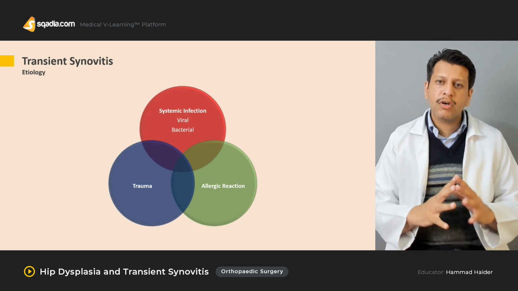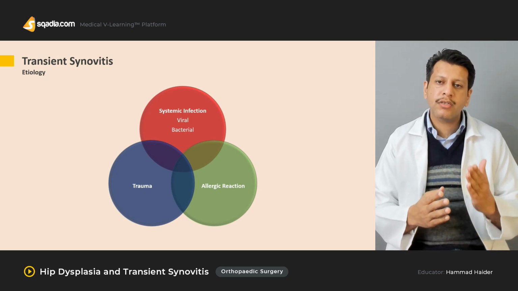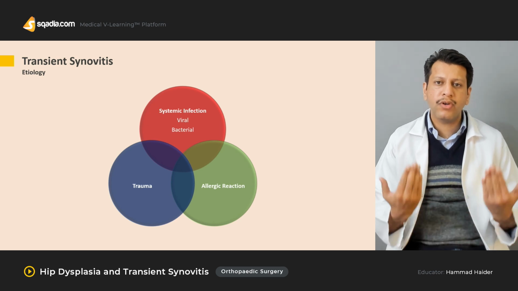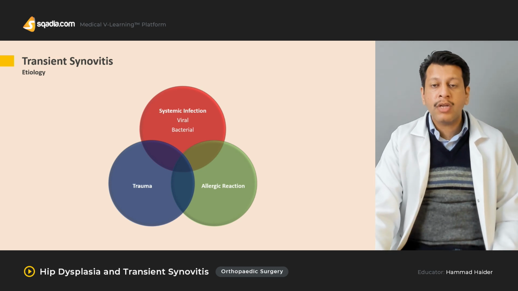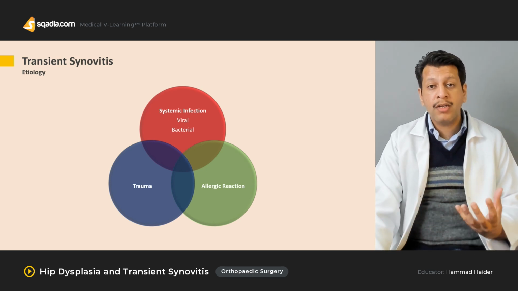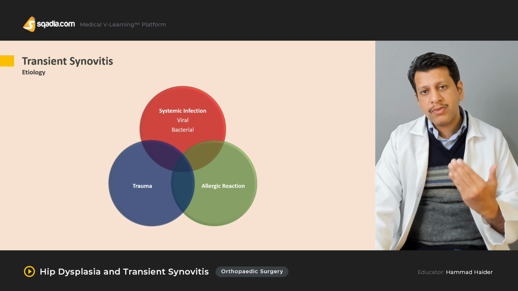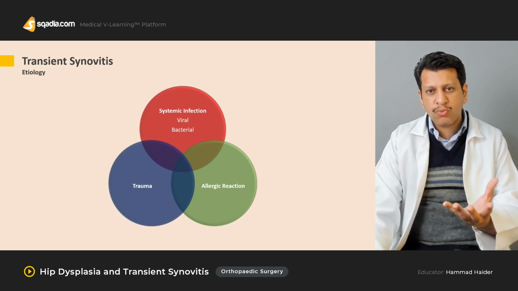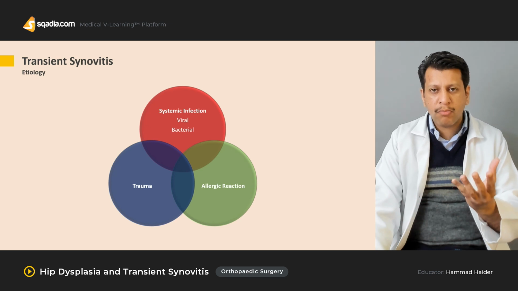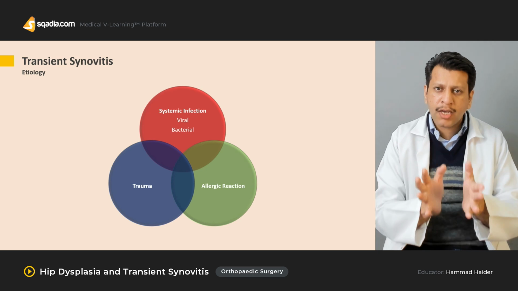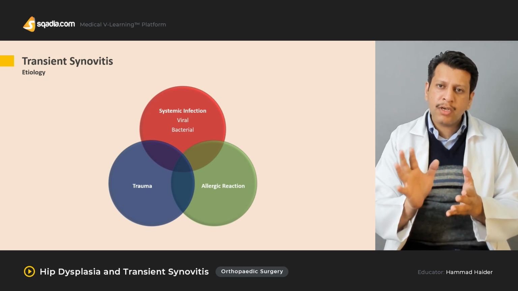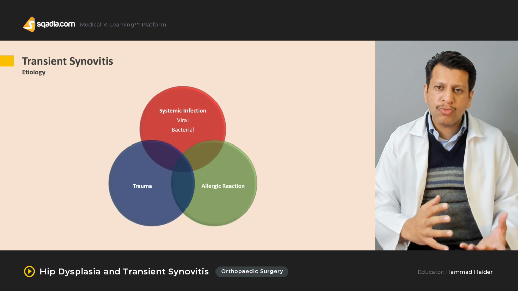Now, when you have this sort of scenario, you have to keep your differentials in mind. There are multiple different diagnoses which come to your mind, because first and foremost is always the age. If the pelvis is well squared, or there is no pelvic obliquity, and at 5 years, it is less likely to be DDH, because by this time DDH would have been diagnosed and treated for most of the time.